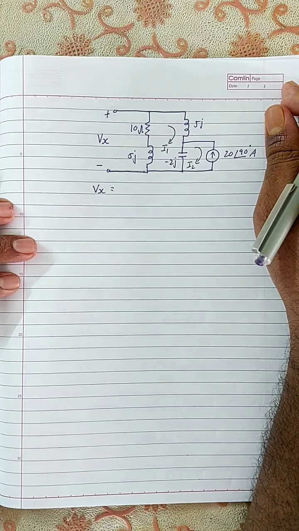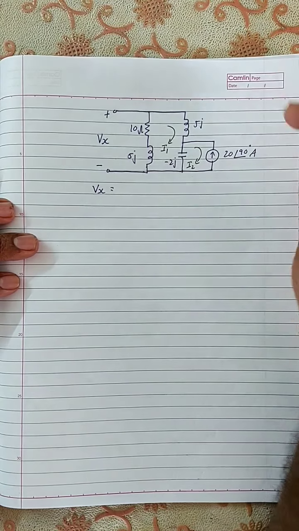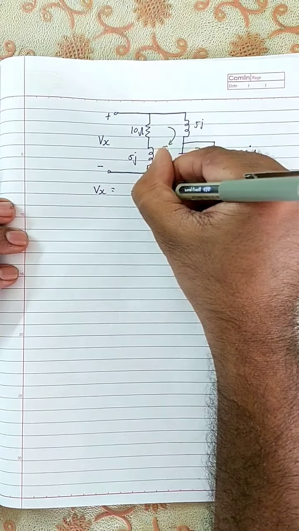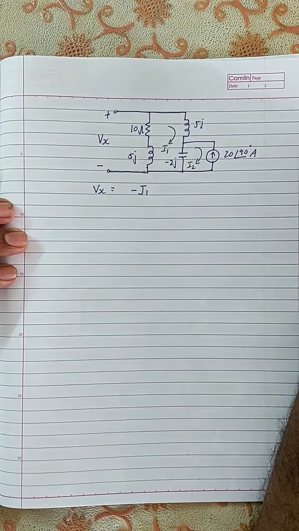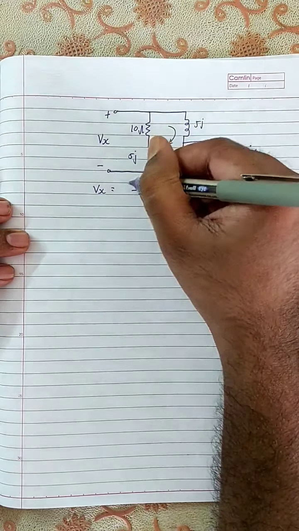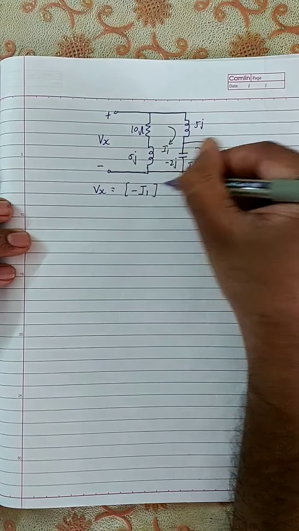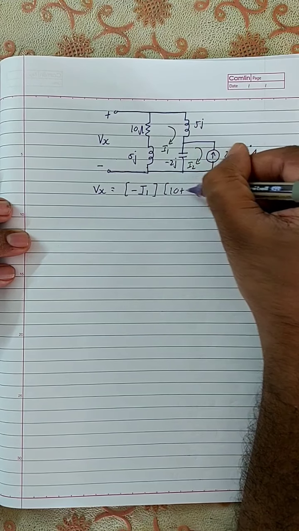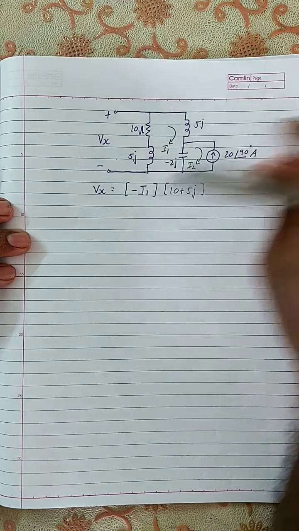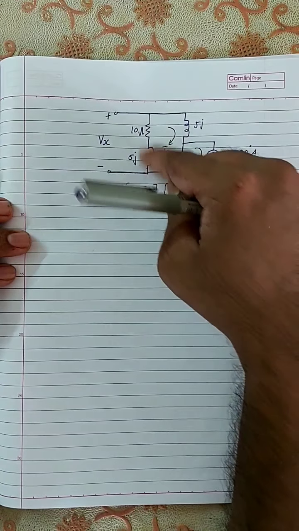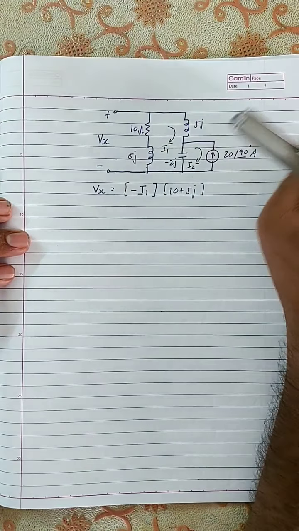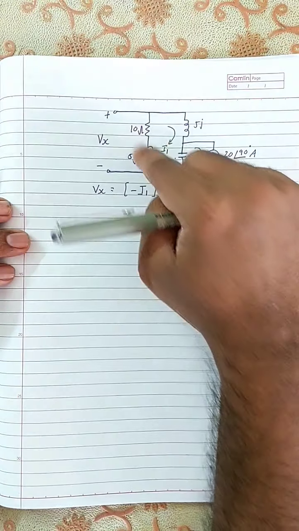What does voltage mean? Ohm's law: V is equal to I into R. What is the value of I? The current is minus I1. It is actually minus I1 into the impedance 10 plus 5j, because Vx is the voltage across this branch and the impedance in this branch is 10 plus 5j.